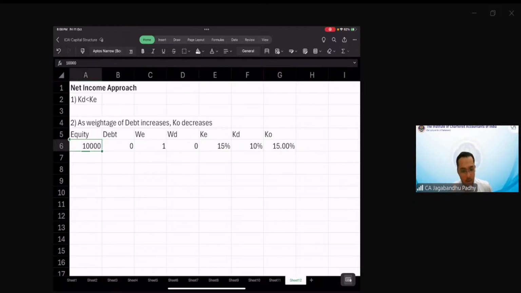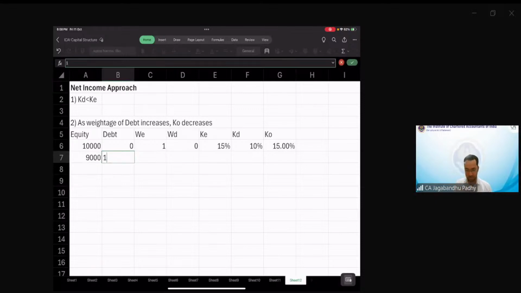Right, guys? Now let's say the company states that let us increase the weightage of debt. So probably the company will buy back some of its equity shares. Let's say the company buys back 1,000 of equity shares and replaces it with debt.